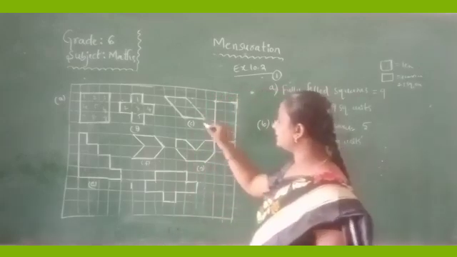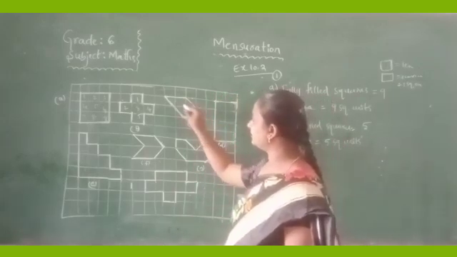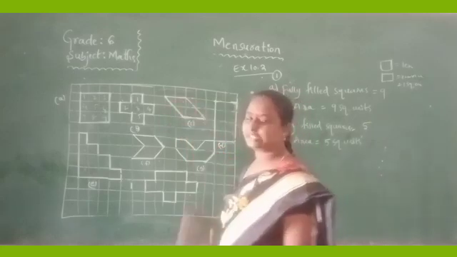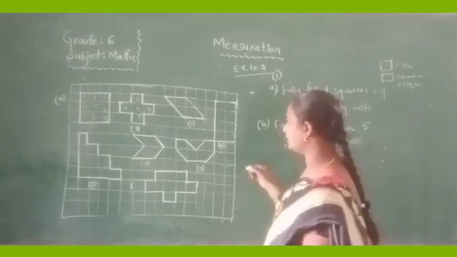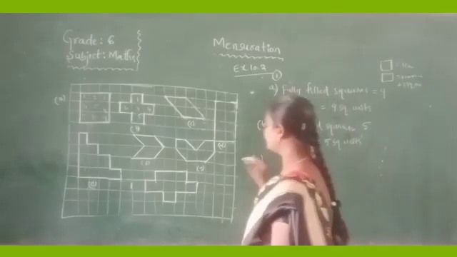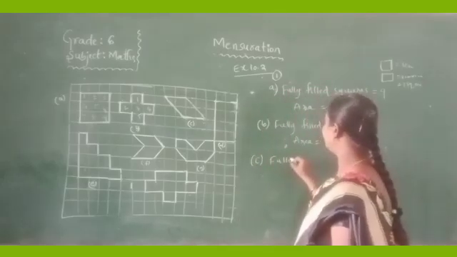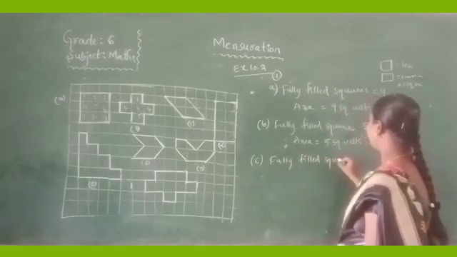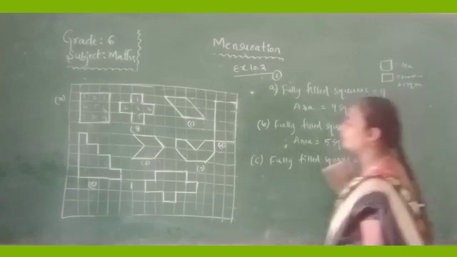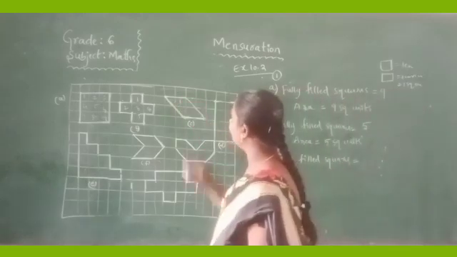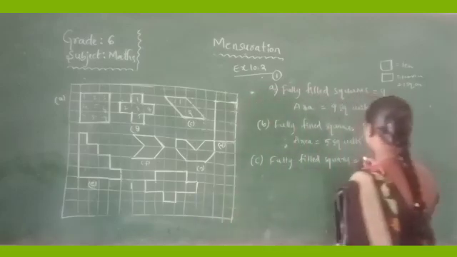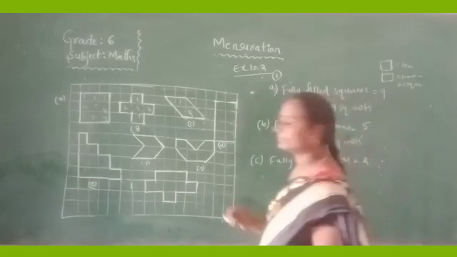Come to the third figure. So in the third figure, see, there are half squares and full squares. First we count full squares. So fully filled squares. How many full squares here? 1, 2. Okay, total 2 full squares are there. Right.